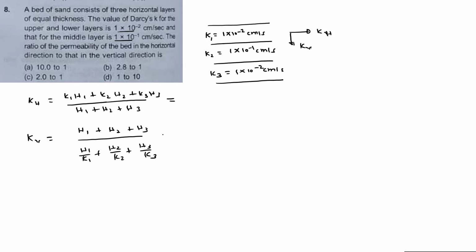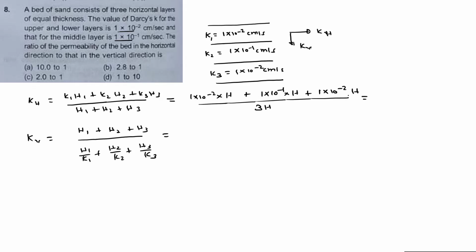If you calculate both expressions, K1 is 1 into 10 to the power minus 2 and the thickness is the same, so let us take thickness as H, plus K2 is 1 into 10 to the power minus 1 into H, plus K3 is 1 into 10 to the power minus 2 into H, divided by H plus H plus H, that is 3H.